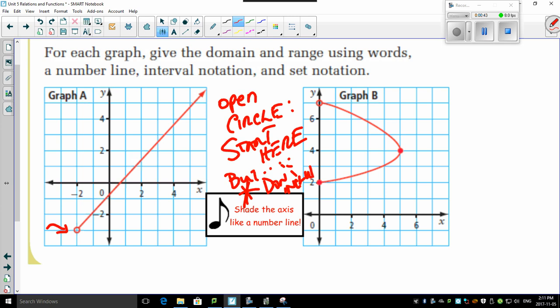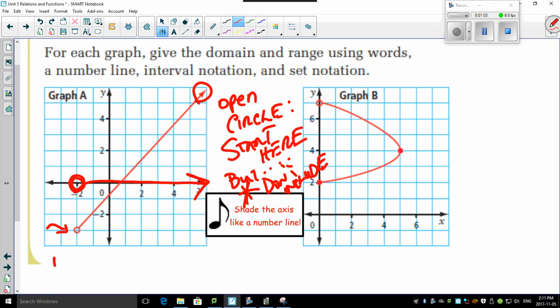So what does that mean in words? In words, we're going to start at -2, but look at this arrow. That arrow tells us to keep on going forever and ever. So basically you're saying all values bigger than -2.